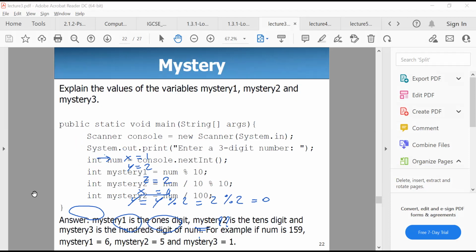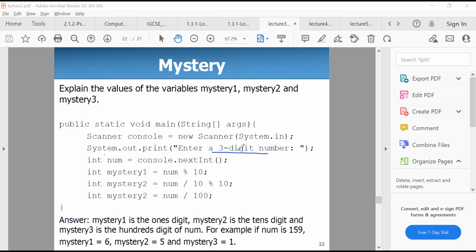Okay, so now we need to understand this together, and then I think you need to write that code. So the thing here is that if you have a number, it will ask you to enter a 3-digit number.